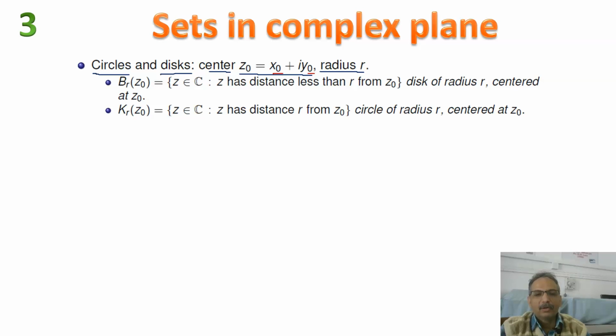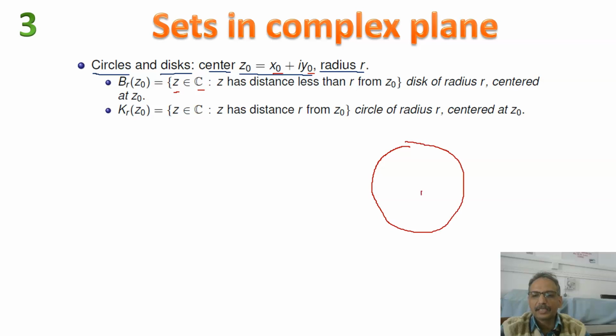Now we are talking about the disk B_r(z0), because it is centered around z0, is the set of all complex numbers z that belong to the set of complex numbers C, and z has a distance less than r from z0. Now the disk is of radius r, which is centered at z0.